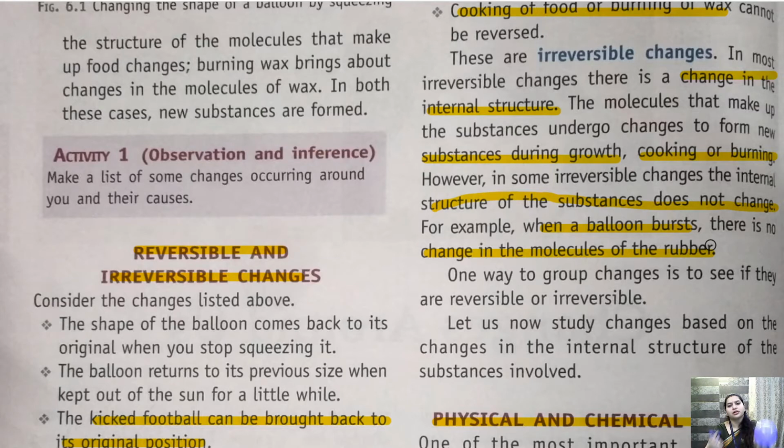The rubber will remain rubber. Though its shape, size and pattern change, the main substance or molecule will remain as it is. So this is an example of irreversible change in which the internal structure does not change.